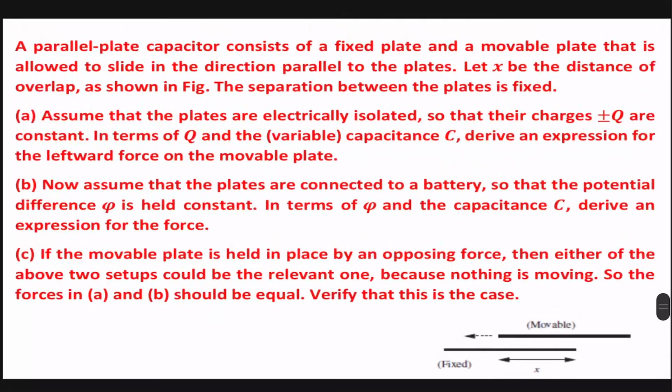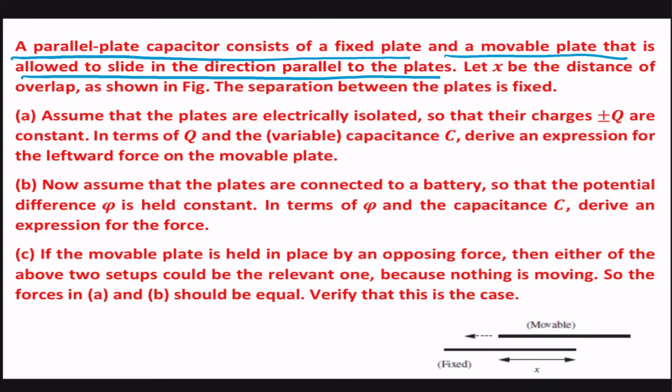It states that a parallel plate capacitor consists of fixed plate and a movable plate that is allowed to slide in the direction parallel to the plates. Let x be the distance of the overlap as shown in the figure. The separation between the plates is fixed.